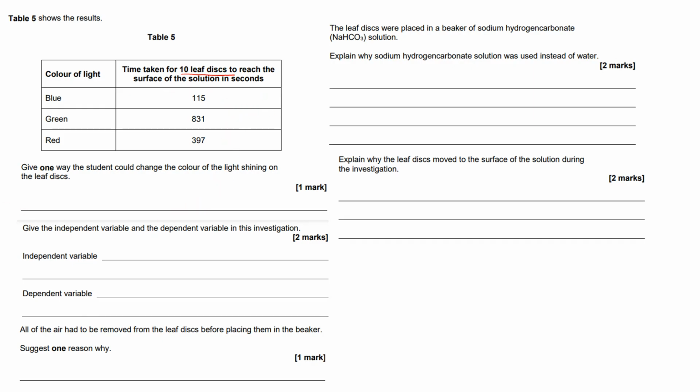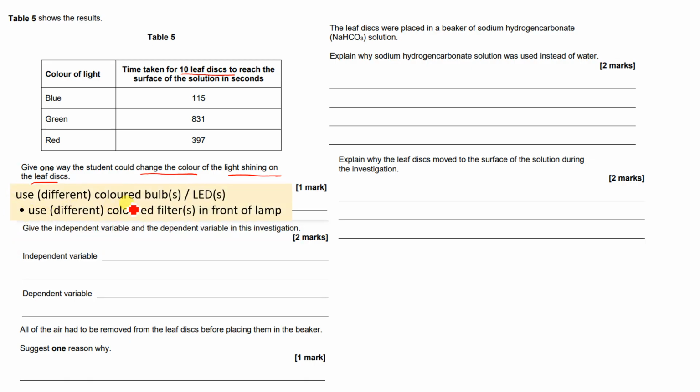Now, give one way the student could change the color of the light shining on the leaf discs. Just change the color of the bulb. Use a different color bulb. That's it. You can use a different color bulb if you want to change the color of the light. You can also use different color filters in front of the lamp, either of the two.